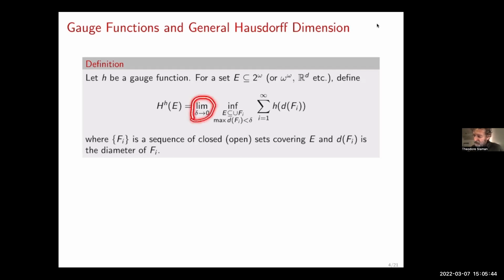And this is as delta gets smaller and smaller, we're looking at the structure of the set E in finer and finer granularity. So the limit as delta goes to 0: you look at the limit as the granularity of your assessment of the set becomes finer and finer.